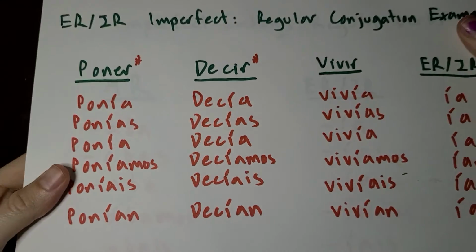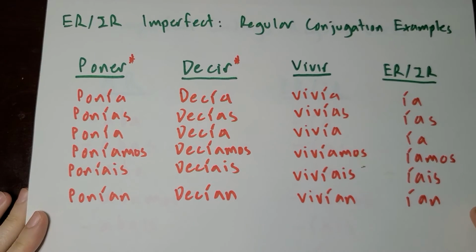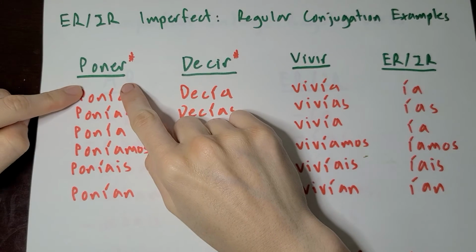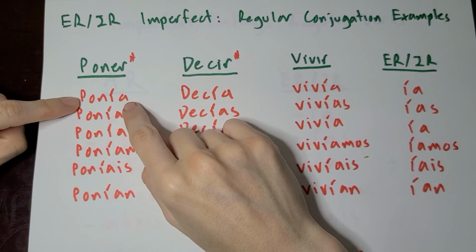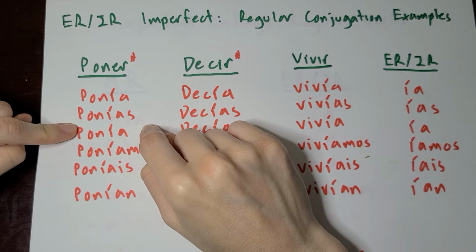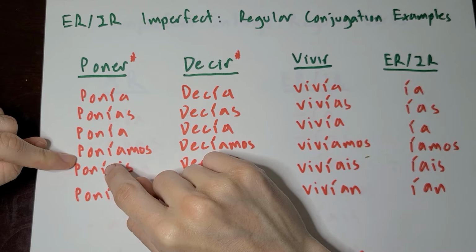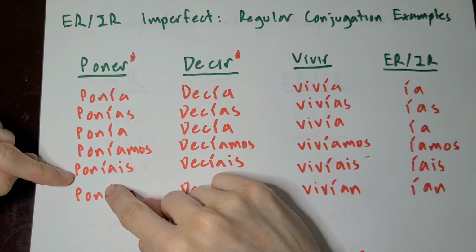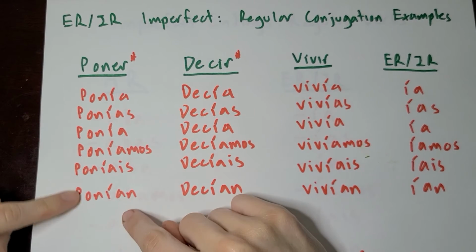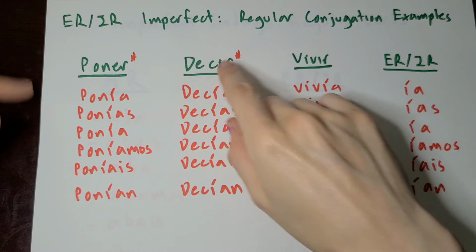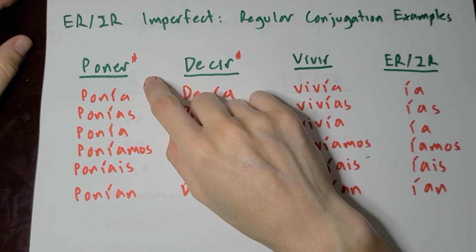Alright, let's go over a couple more examples of ER and IR verbs. Poner means to put. Yo ponía, tú ponías, él ponía, nosotros poníamos, vosotros poníais, ellos ponían. So poner means to put something somewhere.